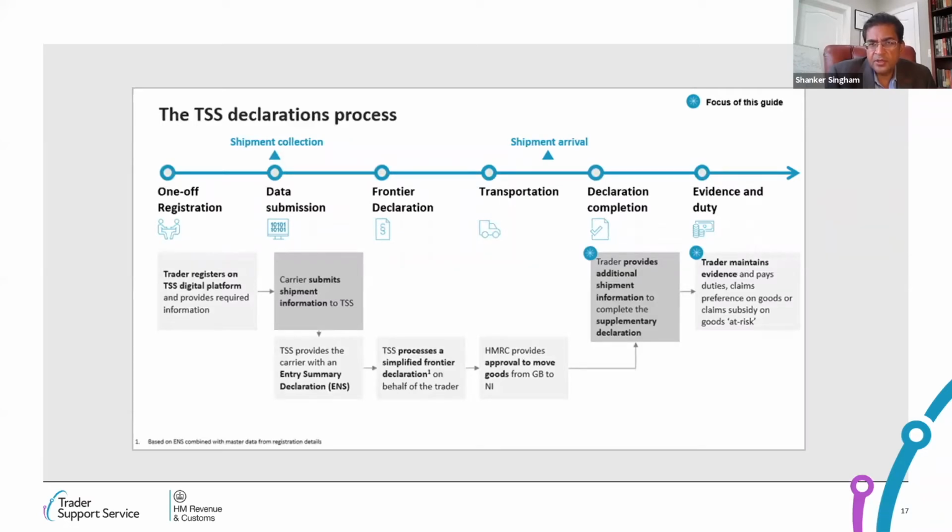So before you actually submit the supplementary declaration, you need to figure out exactly what your strategy for submission is, so that you can ensure that you're paying the minimum tariff applicable. If we go to the next slide.